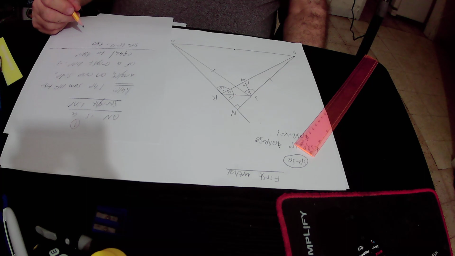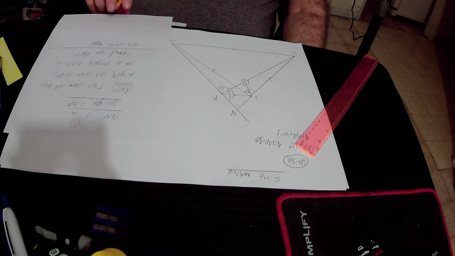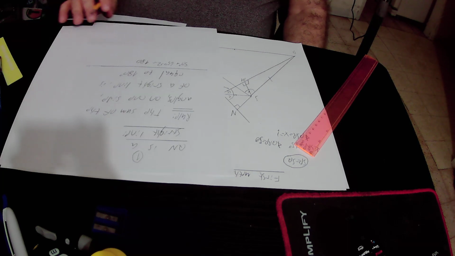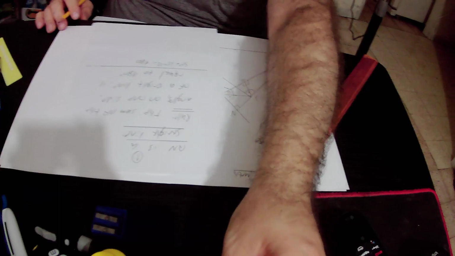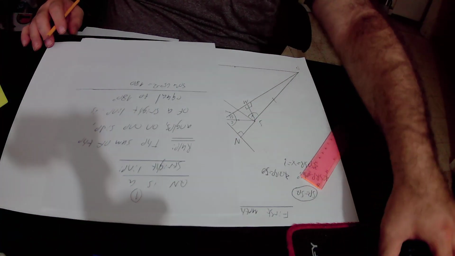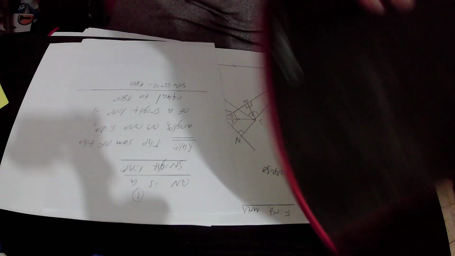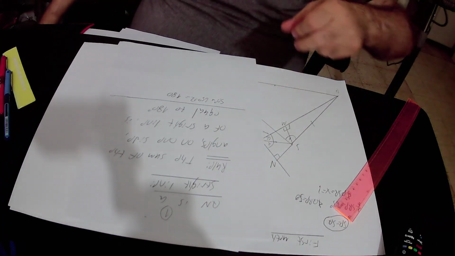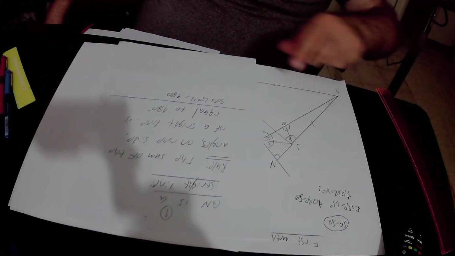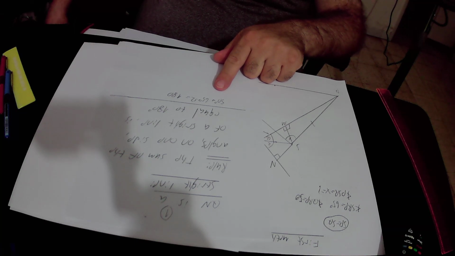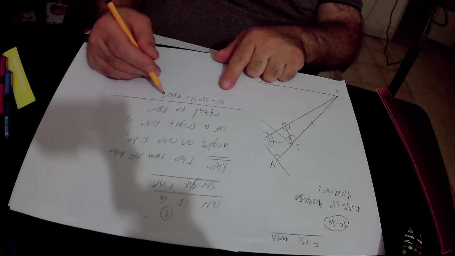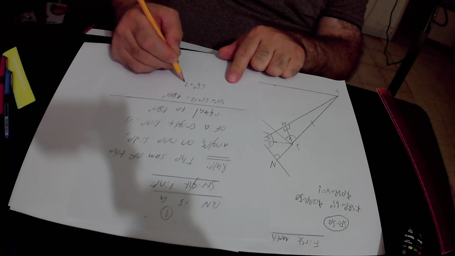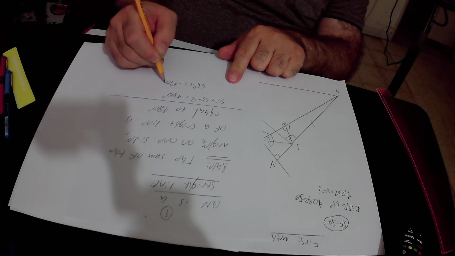Okay, so here we will subtract 50 degrees from this equality, and we will get that 65 degrees plus angle Z equals 130 degrees.